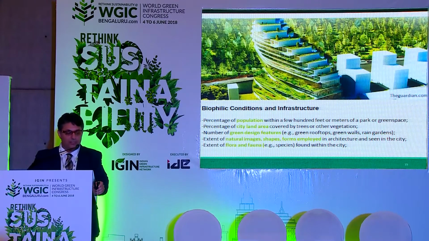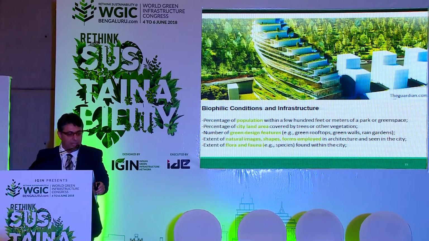Biophilic conditions and infrastructure say that the percentage of population within a few hundred meters of a park and green space is one of the criteria, and it's the condition that a biophilic design should have. Percentage of city land area covered by trees or other vegetation. Number of green design features: green rooftops, green walls, rain gardens.